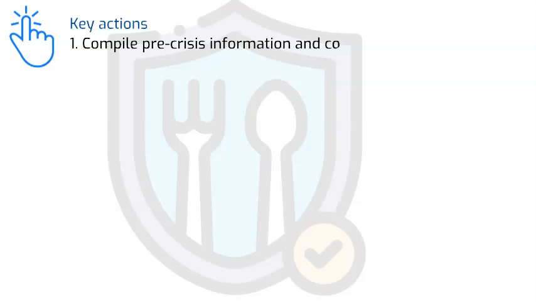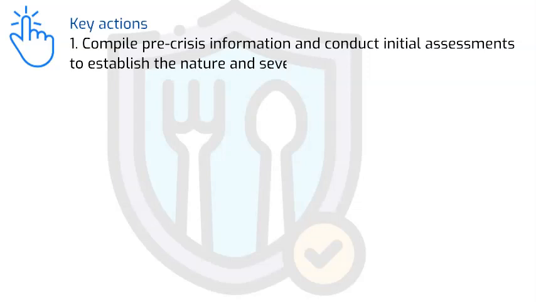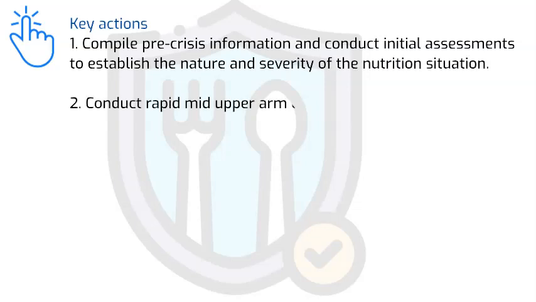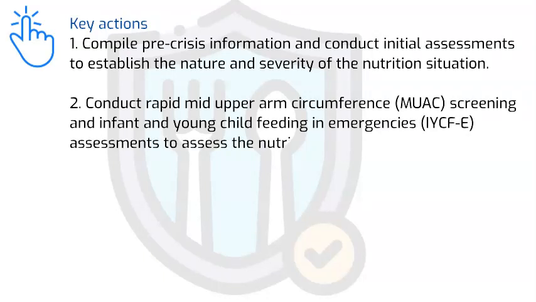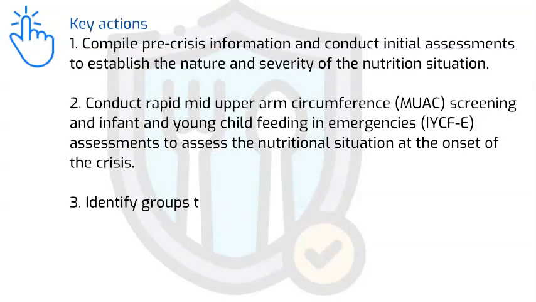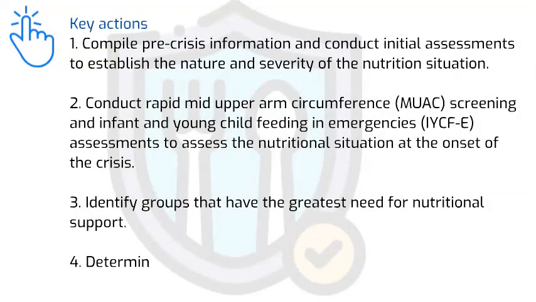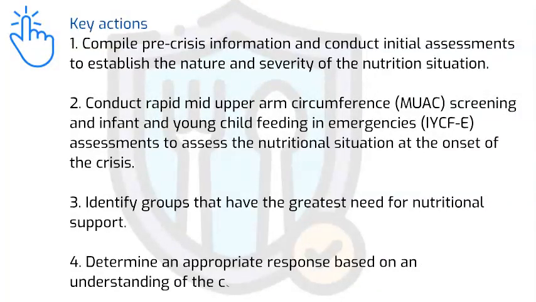Compile pre-crisis information and conduct initial assessments to establish the nature and severity of the nutrition situation. 2. Conduct rapid mid-upper arm circumference (MUAC) screening and infant and young child feeding in emergencies (IYCFE) assessments to assess the nutritional situation at the onset of the crisis. 3. Identify groups that have the greatest need for nutritional support. 4. Determine an appropriate response based on an understanding of the context and the emergency.